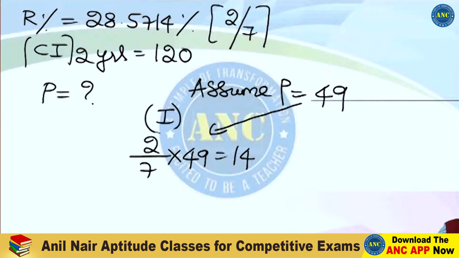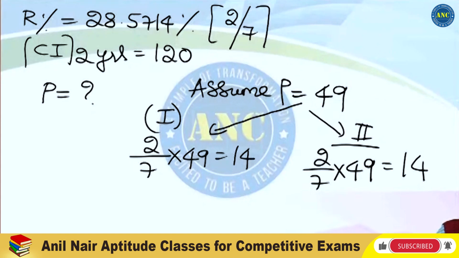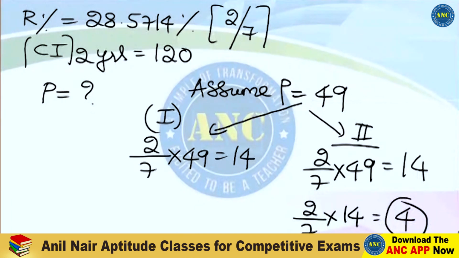First year it is 2/7 of 49, which is 14. Second year it is 2/7 of 49 plus 2/7 of 14, which is 4. Assuming principal as 49, CI for 2 years is 14 plus 14, 28, plus 4, 32.